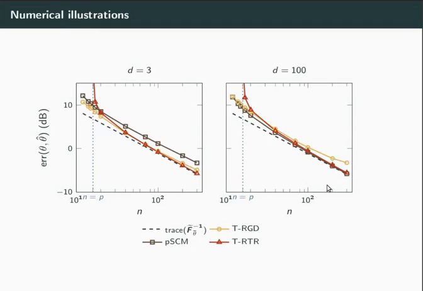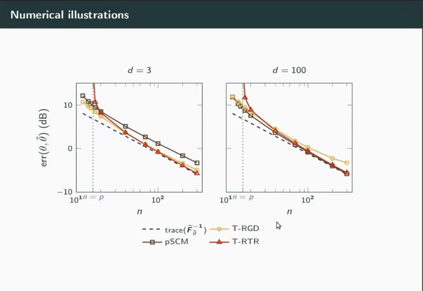And then we have some Riemannian optimization algorithms. Oh no, sorry, it's not the log likelihood, it's the Tyler estimator with Riemannian optimization. Here we have Riemannian gradient descent, and here we have a Riemannian trust region.